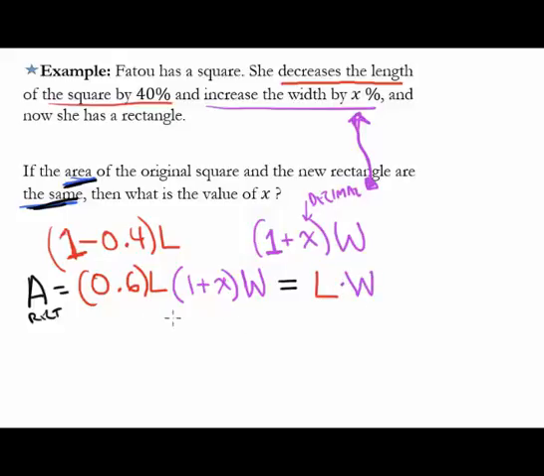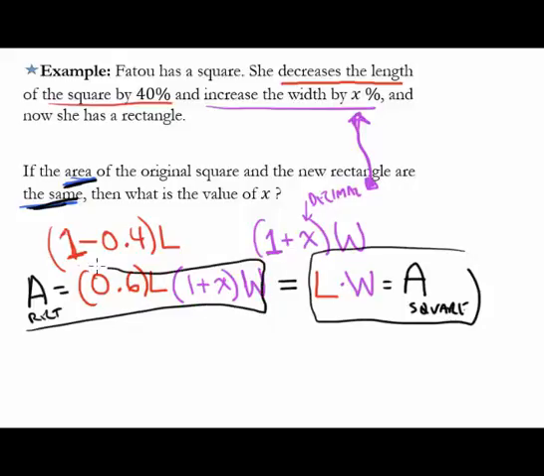Okay, and just to be totally clear, this is the area of the square, this is the area of the rectangle, and we want those two things to be equal to each other.